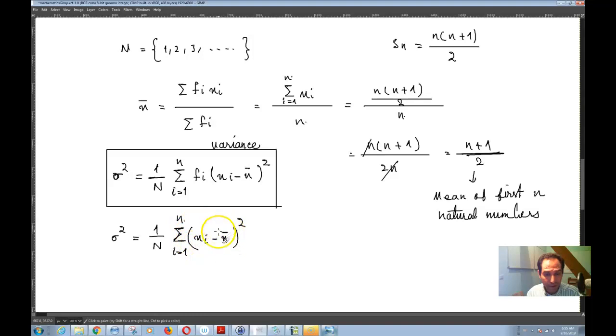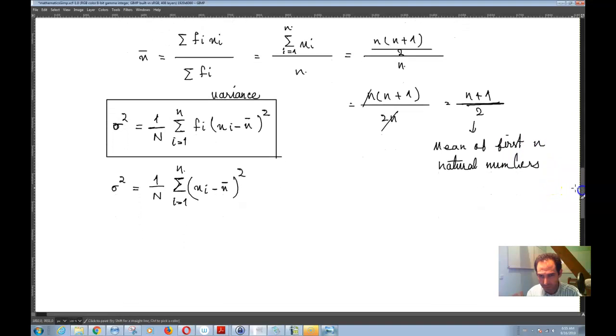Now x of i minus x bar, in the case of natural numbers, x of i is going to be, for example, 1 minus x bar whole squared.